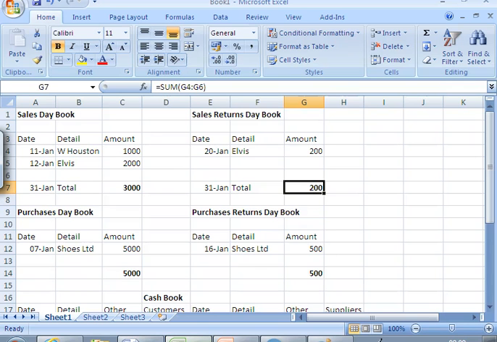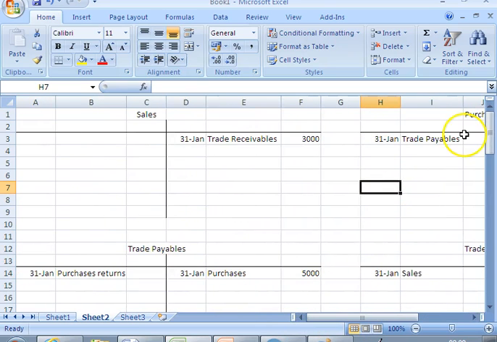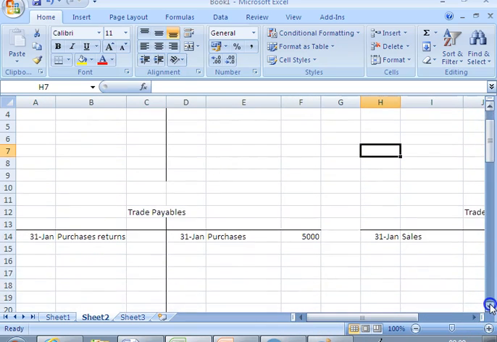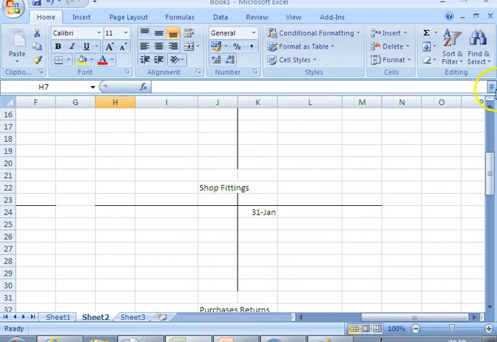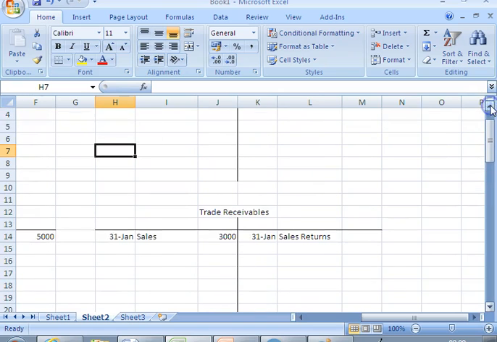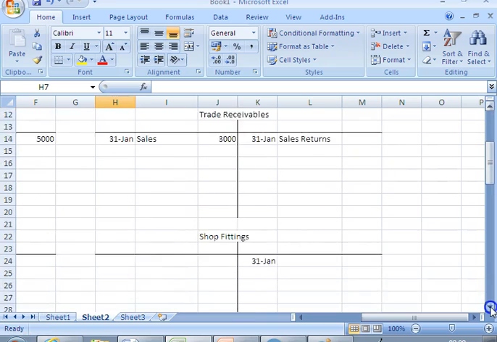And so, let us go to sales returns. Where is sales returns right now?